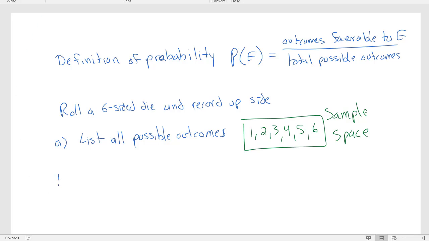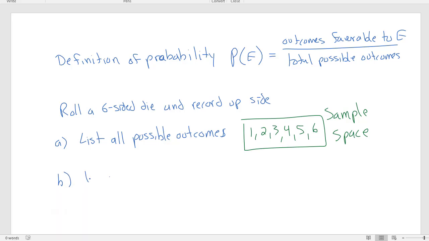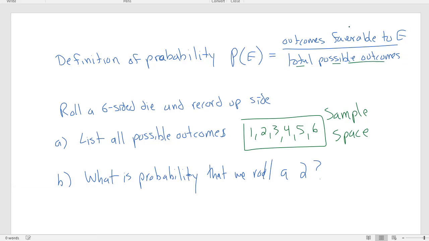Now, let's say an event that we're going to consider: what's the probability that we roll a 2? If we look back up at our definition, the probability of an event is the number of outcomes favorable to the event divided by all possible outcomes.